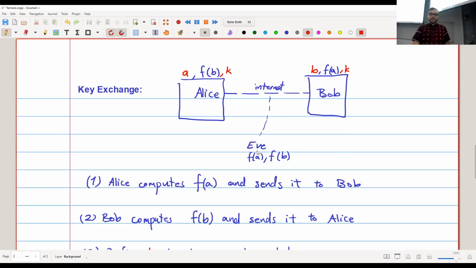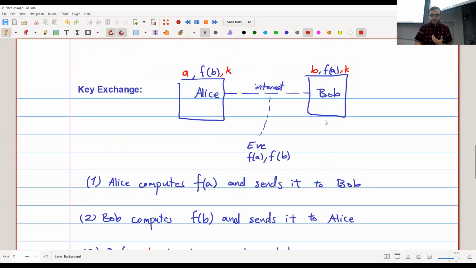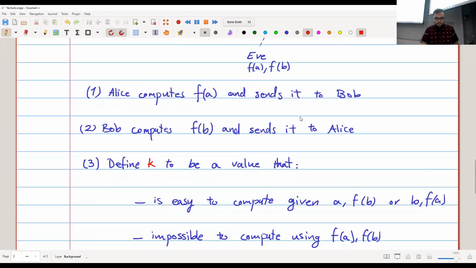So at this point, I will have a key that is shared by Alice and Bob, but Eve cannot have it, so I can just use this key as my one-time pad and just send a message now. Okay? But again, I'm not yet telling you what these f functions are. This is actually not too hard to come up with, but we will see several examples of them. I just want you to see the overall idea here.